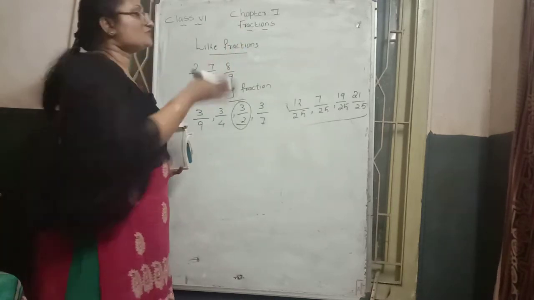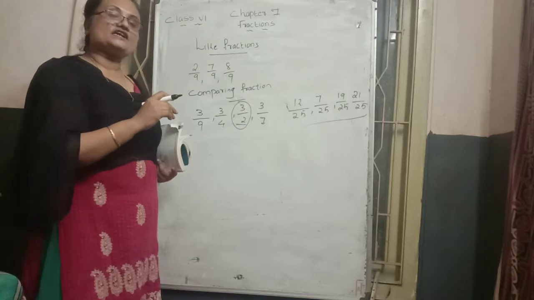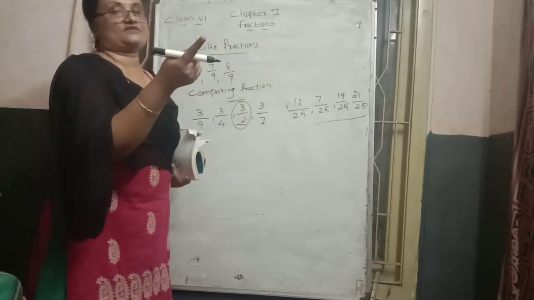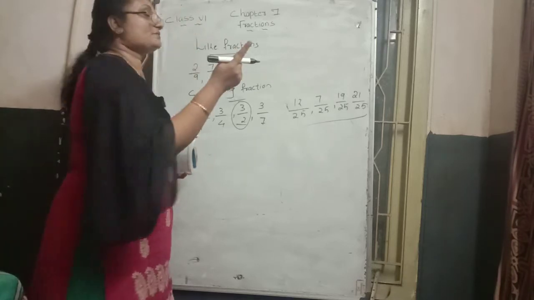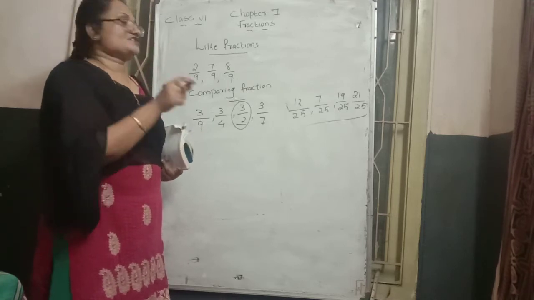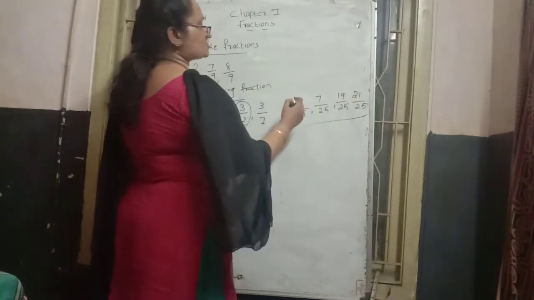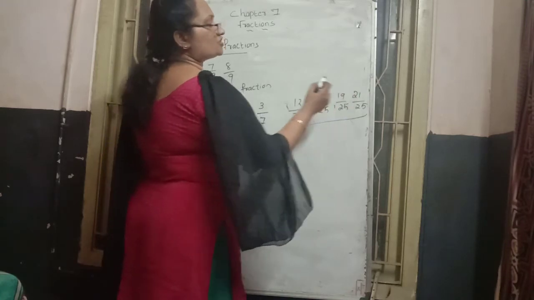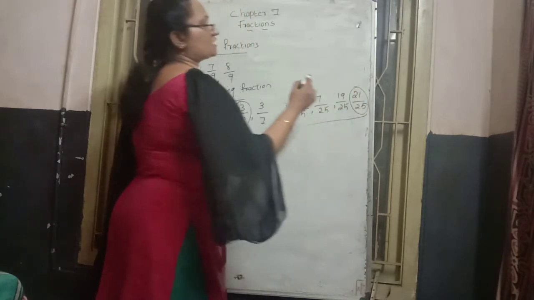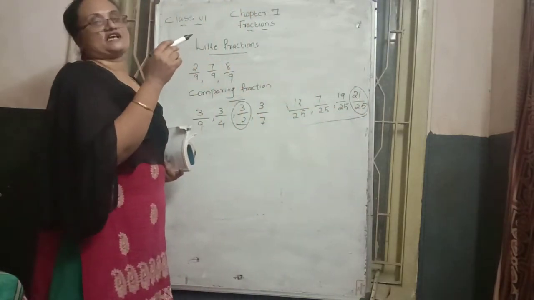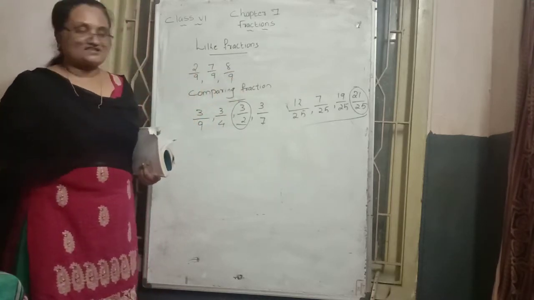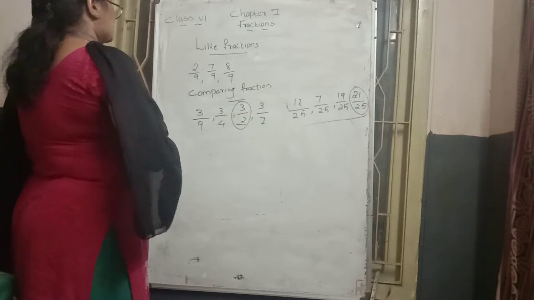To identify which fraction is bigger, we look at the numerator: the fraction with the bigger numerator is the greater fraction. Among 12, 7, 19 and 21, 21 is greater, so 21 by 25 is the greater fraction. I hope you understand the difference between these two cases. Then next we go through some questions.